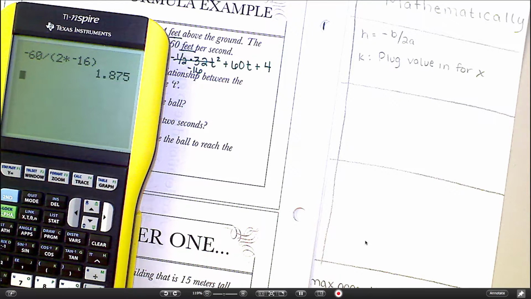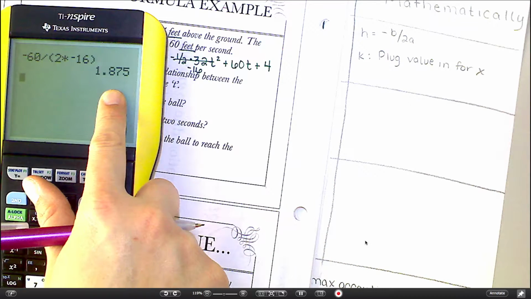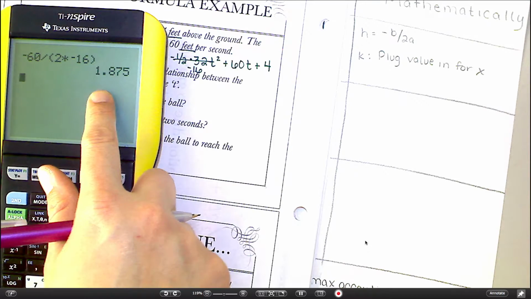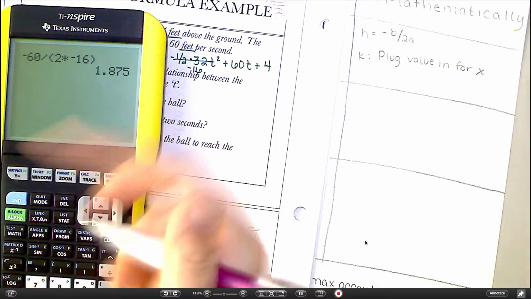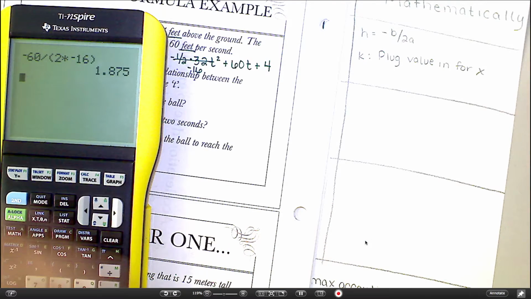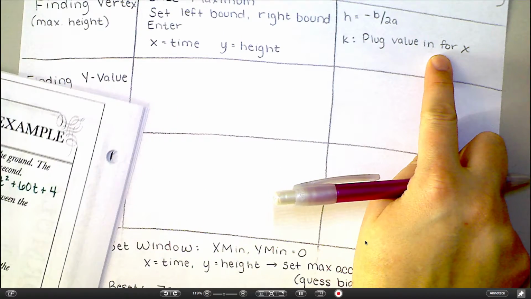And I get that 1.875 that we had just a second ago. And then we could take that 1.875 and plug it in for x, to find our K value, which should come out to that 60.25. So if you didn't want to use the calculator for that, you could do this same process that you already know how to do.